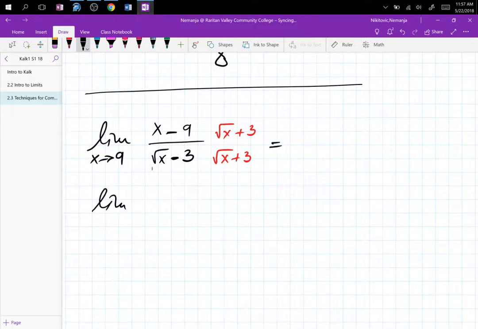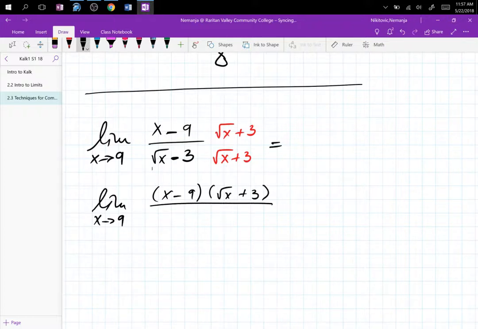So limit x goes to 9. I'm not going to multiply in the numerator because I have experience with these things. In the denominator, you are going to multiply, and it's a difference of squares. So root x times root x is x.